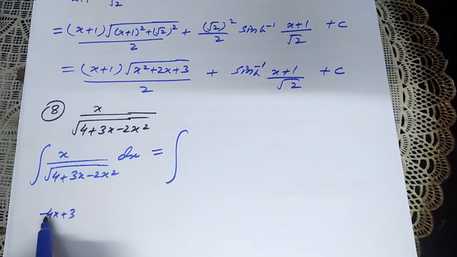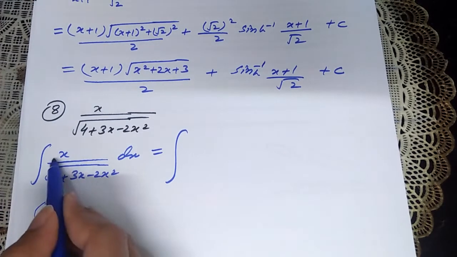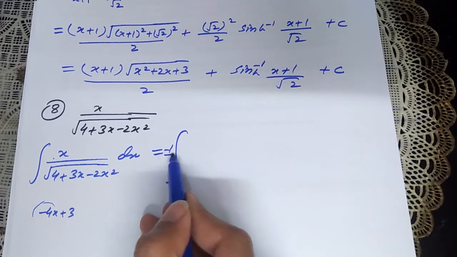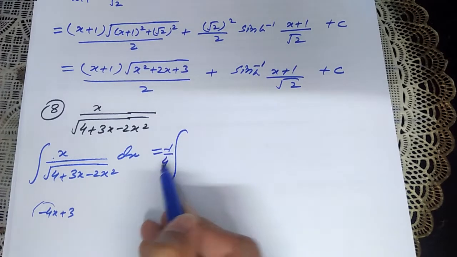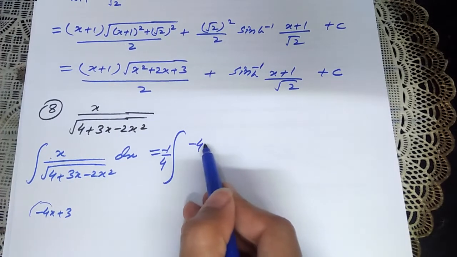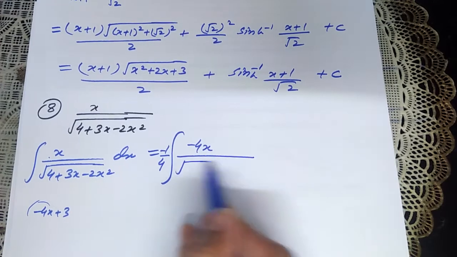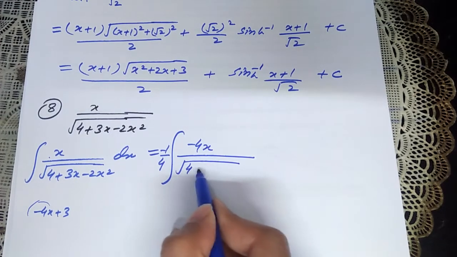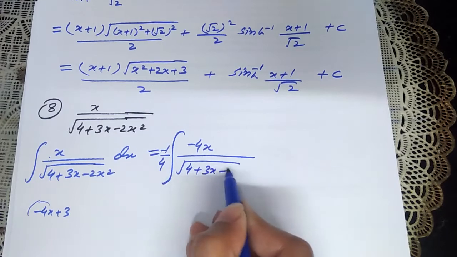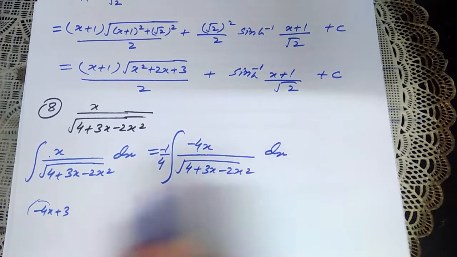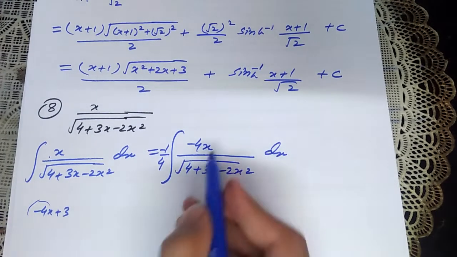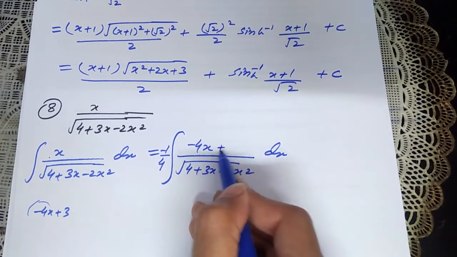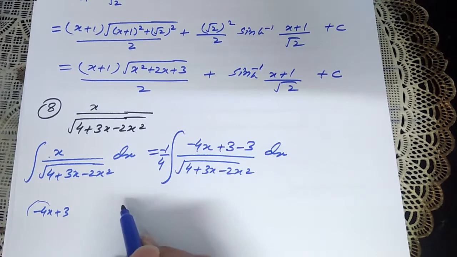How? I need here negative 4. So first of all, I need to make negative 4 here. For that purpose, I need to divide it with negative 4 and also multiply it with negative 4. So I will get this thing: negative 4x over under root 4 plus 3x minus 2x square dx. Now I need plus 3 here. So for that purpose, you need to write here plus 3 and minus 3 as well.